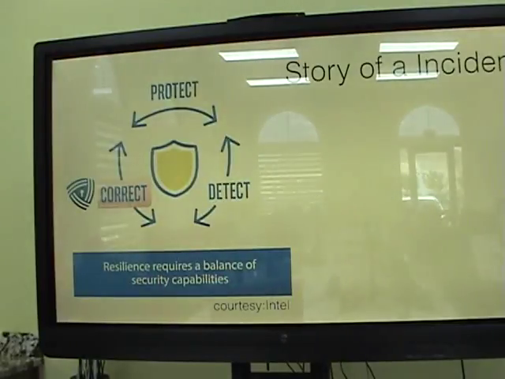A lot of times, whenever you look at a security incident, no matter which type of company you talk to in cloud security or security in general, people always talk about protection. They want to create shields for you. They want to put antivirus agents, anti-this agent, anti-that agent. It's a sense of protection.